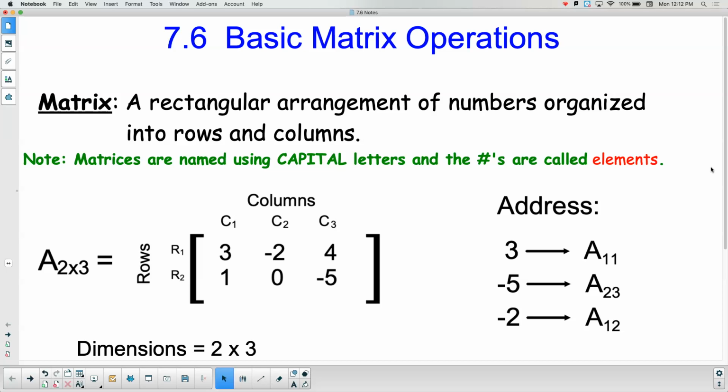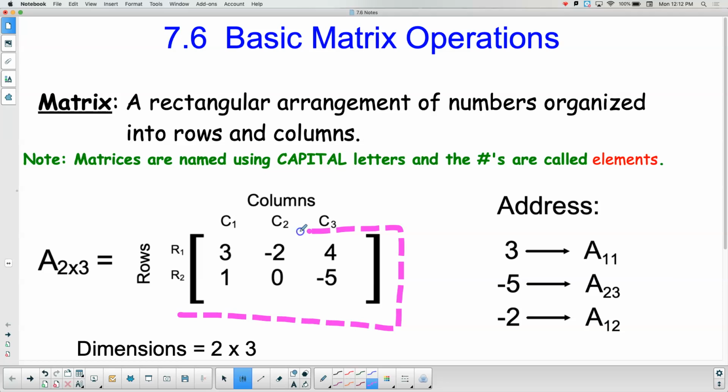So this right here is a matrix. It has bracketed sides.